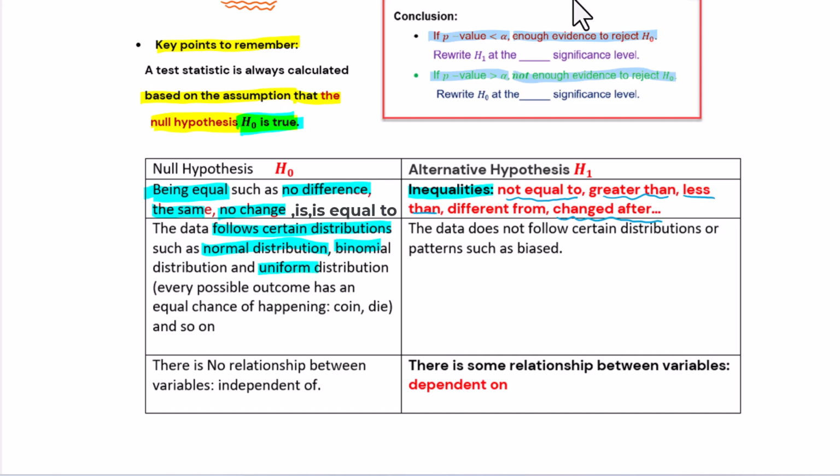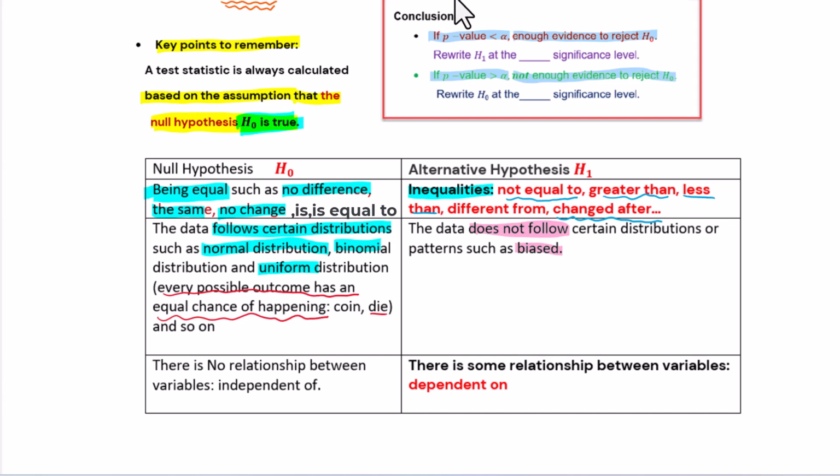Uniform distribution means every possible outcome has an equal chance of happening, like a standard die and so on. Opposite to H0, for H1 we always use the words doesn't follow certain distribution, like the coin is biased.